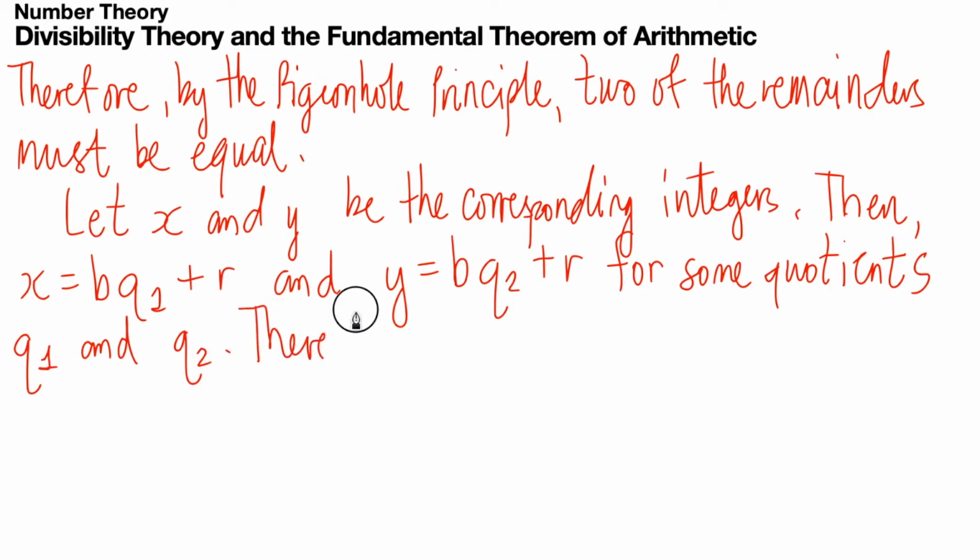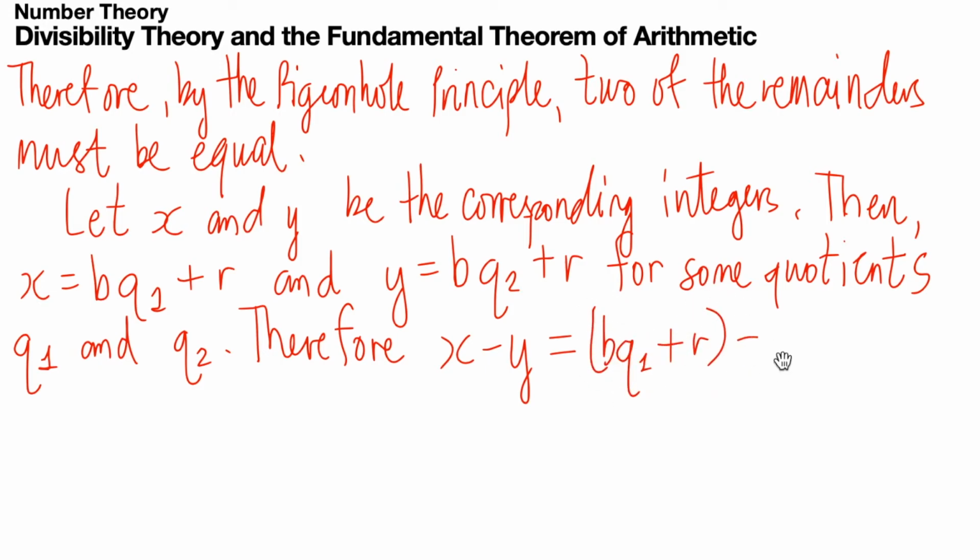Therefore, we can write x minus y is equal to, so we know the value of x is bq sub 1 plus r, minus the value of y, bq sub 2 plus r. Which is further equal to, we can cancel the r's.